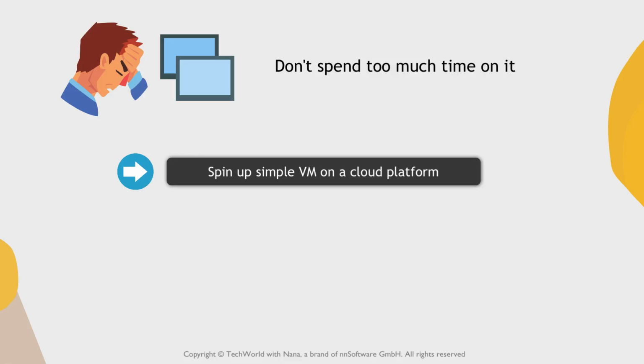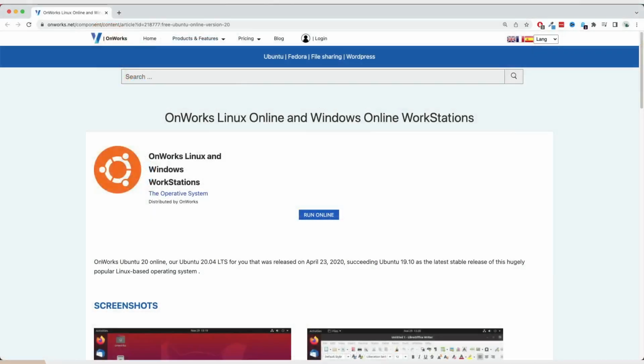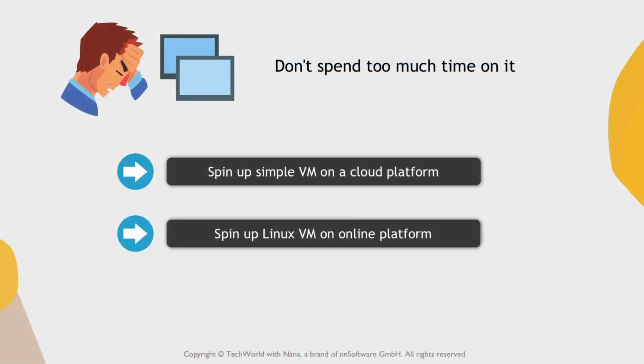Or if you don't want to pay the cloud platform yet, and if you want to actually wait until we get to that module, you can spin up a virtual machine for free on this online platform, and you'll have a Linux Ubuntu machine available through the browser. And this is actually going to be the easiest option. I will leave the link to this online platform below the video as well, so you'll find all this information there. So basically, find the easiest way to get a Linux machine and you're going to be good to go.